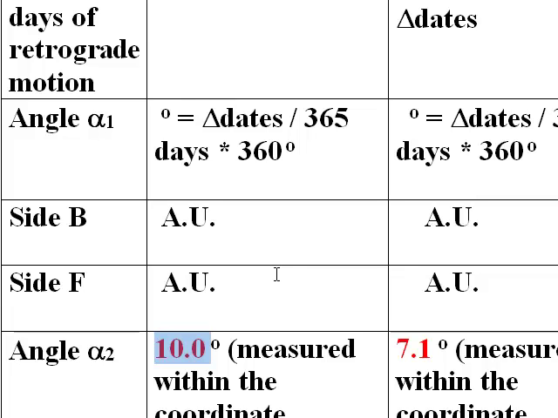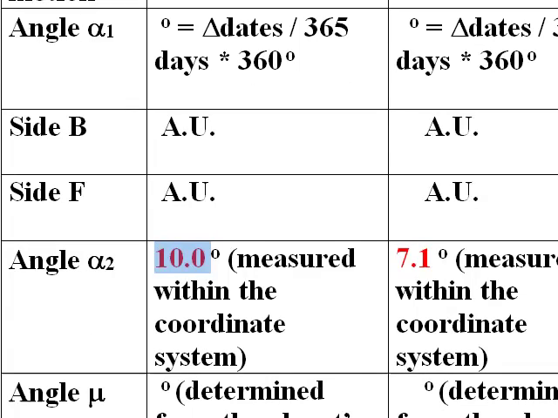So these 10.0 degrees that Jupiter moved from left to right, or seems to move, that is actually only what we observed from Earth, that optical illusion, as if Jupiter was moving 10.0 degrees to the right. Saturn moved 7.1 to the right. Again, that's only our optical illusion as apparent retrograde motion, from which we will determine the distance.